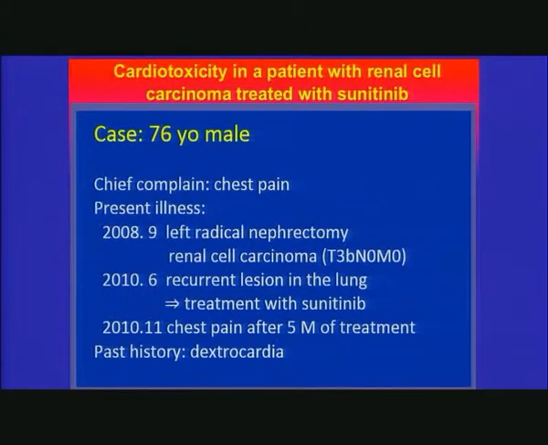Two years later, he found a recurrent lesion in the lung, so the physician treated the patient with Sutent. Five months after treatment, the patient complained of chest pain. This patient also had dextrocardia.